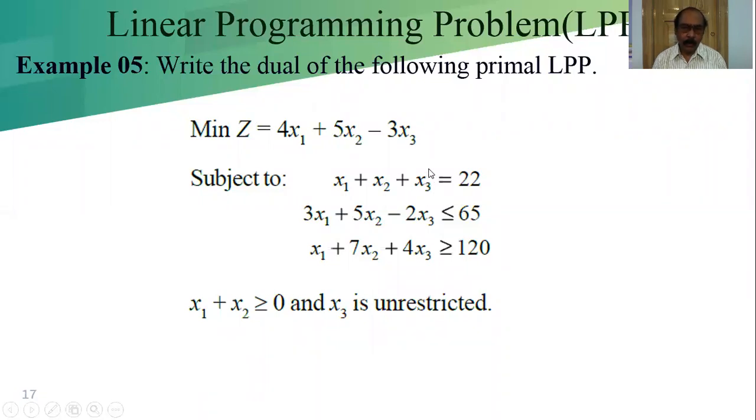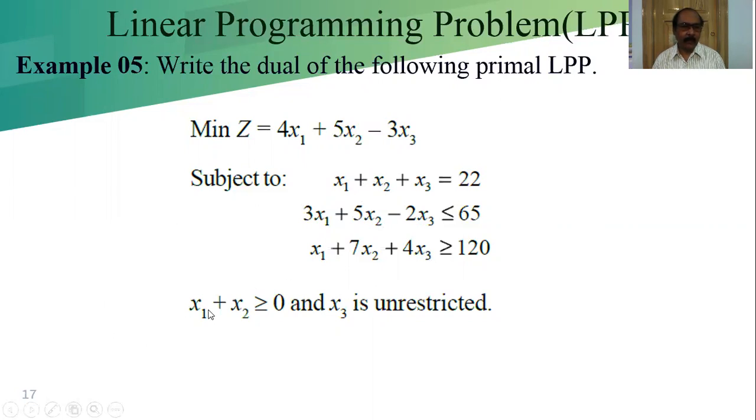So corresponding to x3 we will get the equality constraint. So from that directly we can write that. Whatever dual we will get, we can verify that. First variable will be unrestricted in sign, and third constraint holding the equality sign.